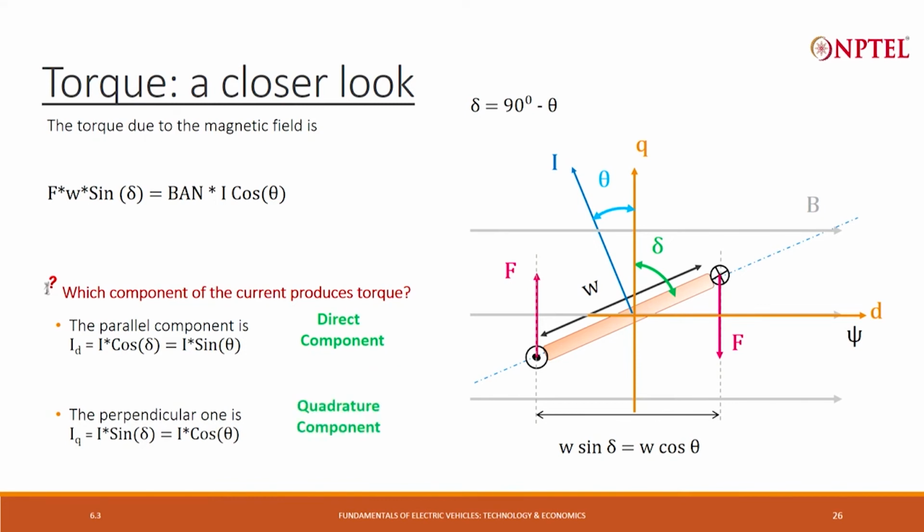I am calling that the direct component, because it is directly aligned with the magnetic field, and what is perpendicular to psi is normally called the quadrature component. And I want you to tell me which of the two components is resulting in magnetic torque. You can look at the equation at the top and tell me which is the component that is generating torque. Is it the direct component or the quadrature component?